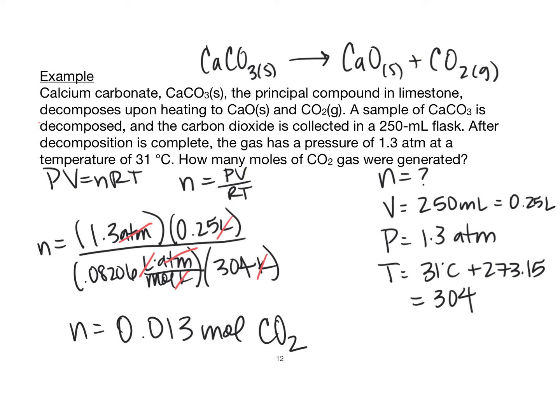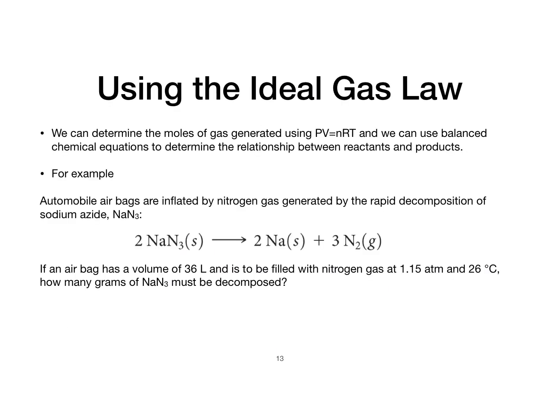So as we start to think about this information, the question we have to ask ourselves is, how does this work? Can we also use this calculation to start to think about balanced chemical equations? So if we want to use the ideal gas law, we can also use it in terms of an equation.